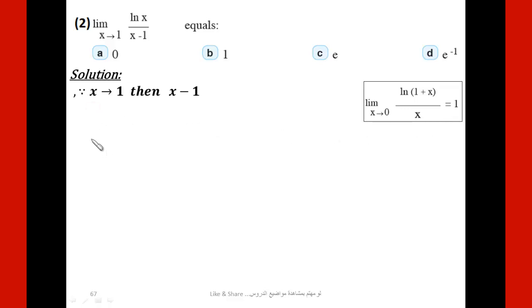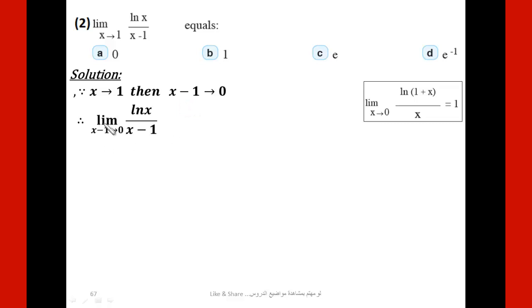We have to connect the problem and the rule. First, when x tends to 1, then x minus 1 tends to 0. Why do we start with this? Because we have the limit when x tends to 1, and the rule here is x tends to 0. So when x tends to 1, then x minus 1 tends to 0.